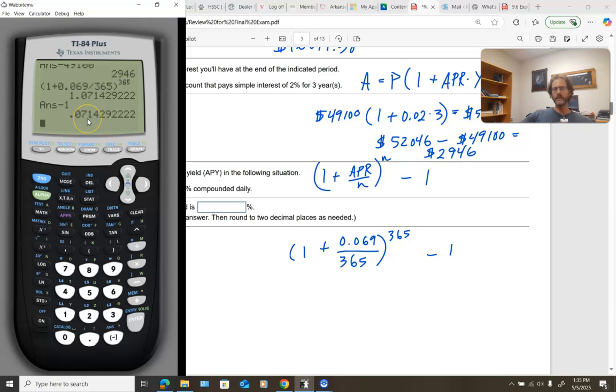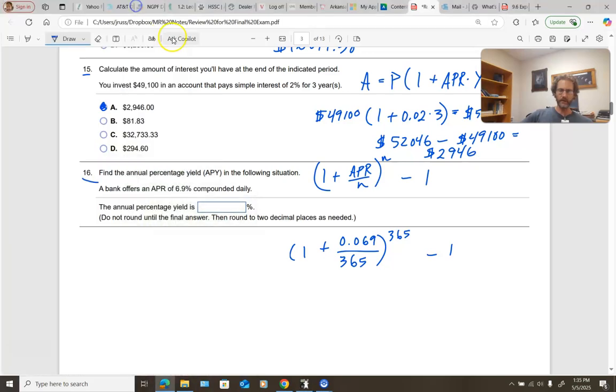Well, but we need this as a percentage. So the last thing you're going to do is multiply by 100. And that'll tell you the actual percentage yield. So this is rounded to 2 decimal places, so this would be 7.14. I'll put this is equal to 0.0714. And then as a percentage, it would be 7.14%.